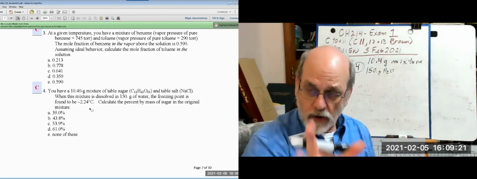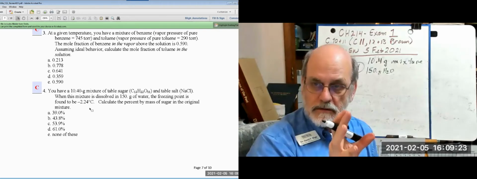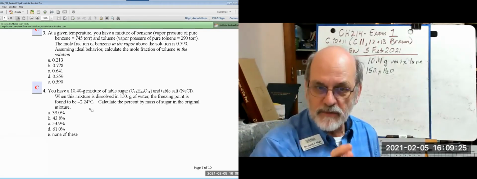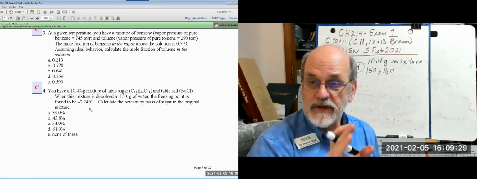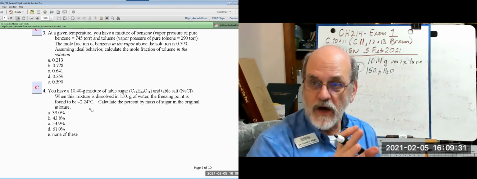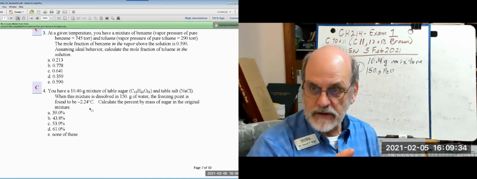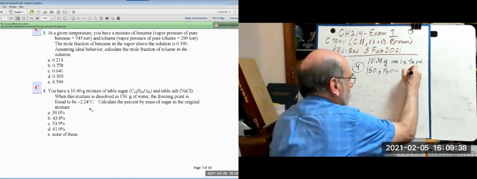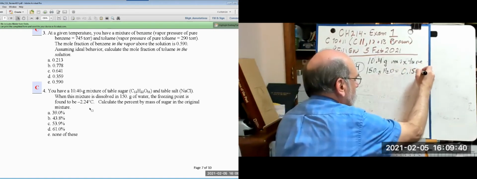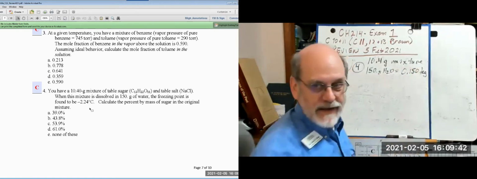So we know we're going to have to use the colligative property of freezing point depression. And the concentration needs to be expressed in terms of mass of the solvent in kilograms. So that would be equal to 0.150 kilograms.